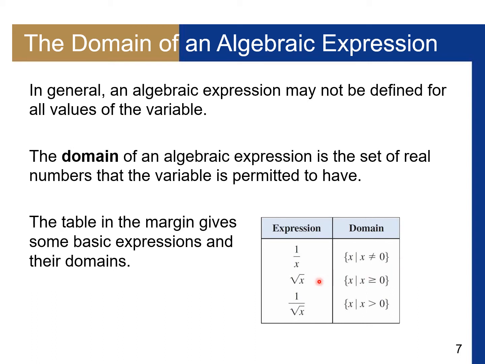If you have a square root, then you need to remember that the expression under the square root has to be greater than or equal to 0 because we're looking in the real number system. If that square root is on the bottom, then it also cannot be 0. So we take away the equal to 0 because you can't have a 0 on the bottom of a fraction. So these basic concepts will help you to find the domain.